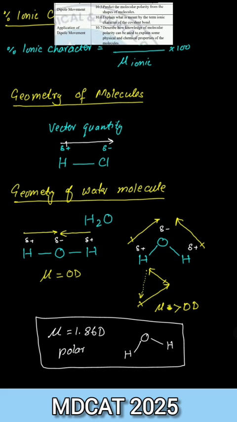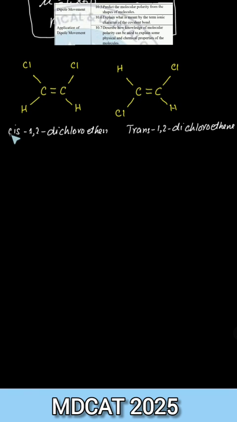Practicing further examples. These two examples are cis-1,2-dichloroethene and trans-1,2-dichloroethene. We are asked which molecule is polar and which is nonpolar. In the cis isomer, the two more electronegative elements are on one side and the electropositive elements are on the other side.